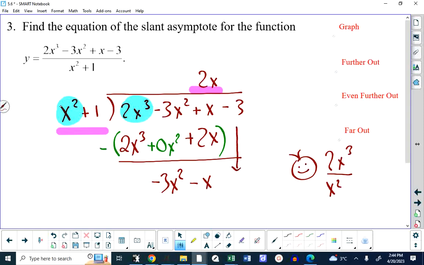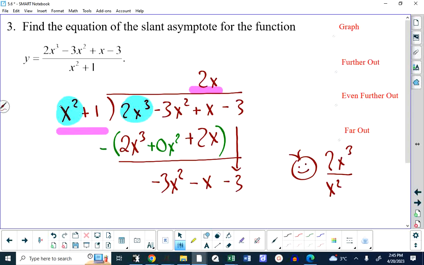And you bring down the next item. You don't have to bring it down right now. We're about to do something again where at some point you're going to go, wait a minute, I need that number. Double checking, 2x times x is 2x squared, 2x times 1 is 2x. And when I subtract, I get negative 3x squared minus x, and then I have that minus 3.